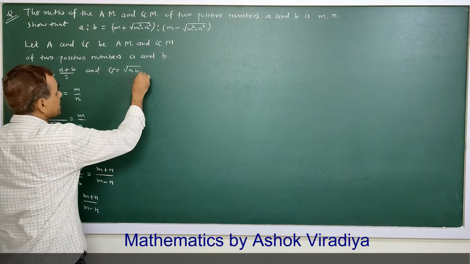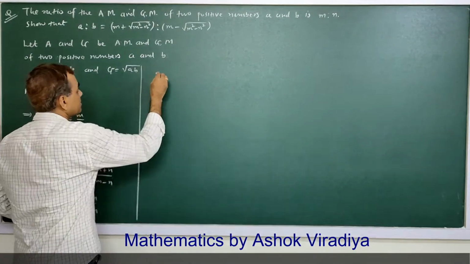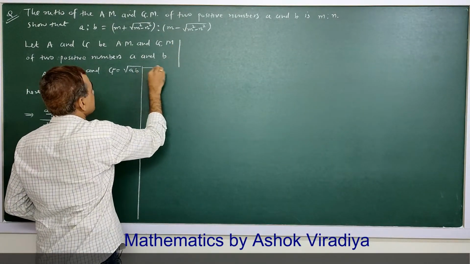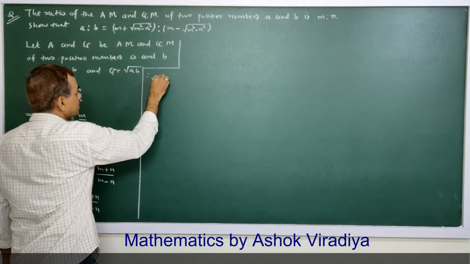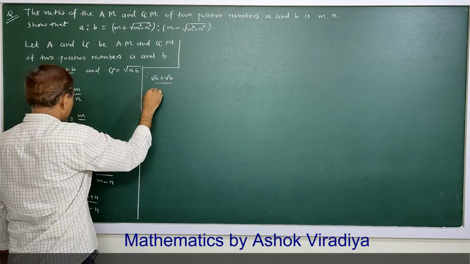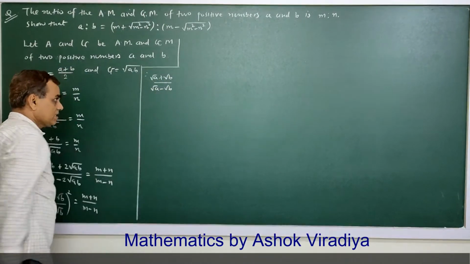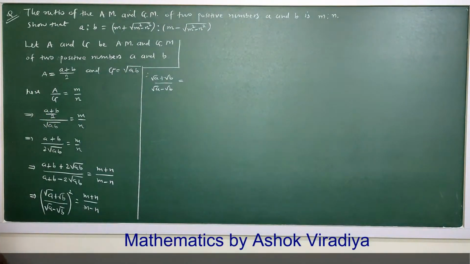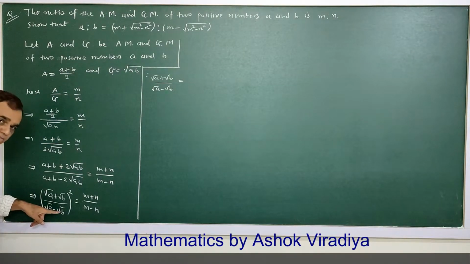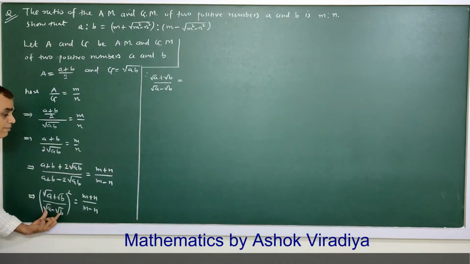So root a plus root b upon root a minus root b, it is equal to, now see, if the first number is greater and the second number is smaller, then this difference will be positive.